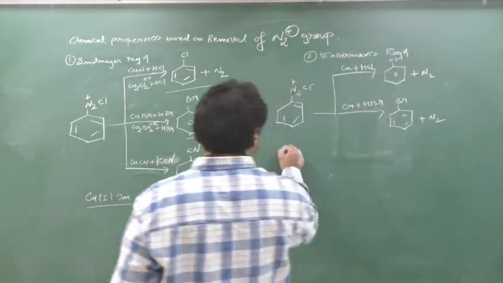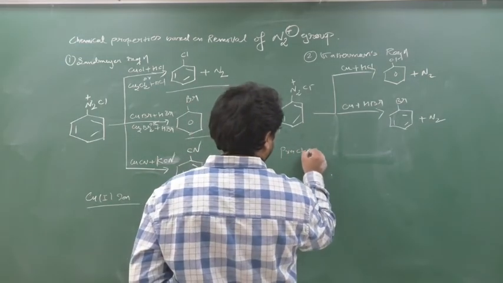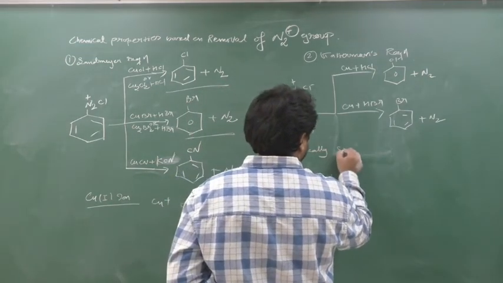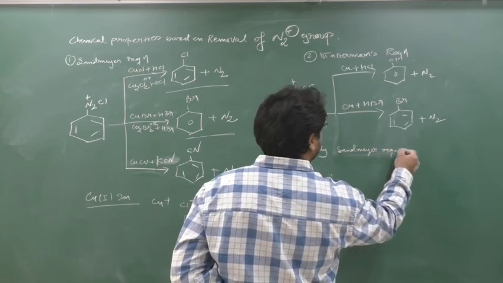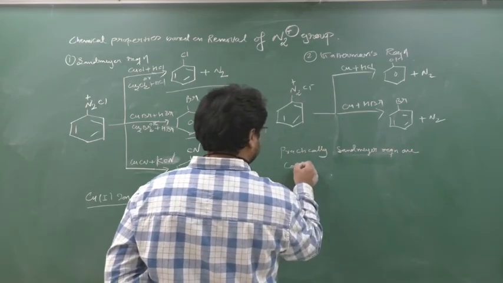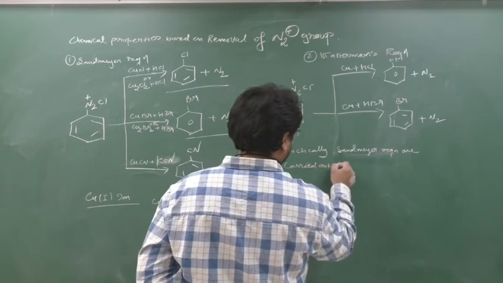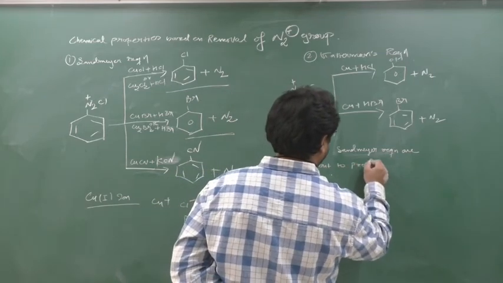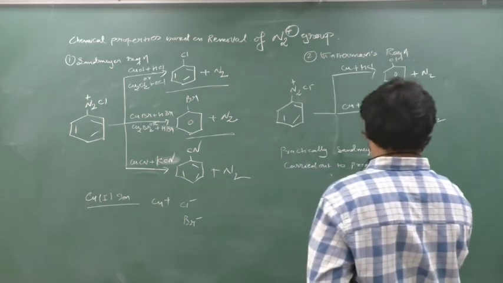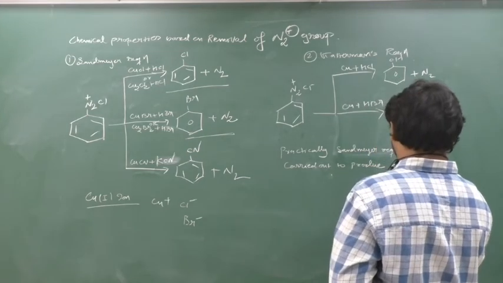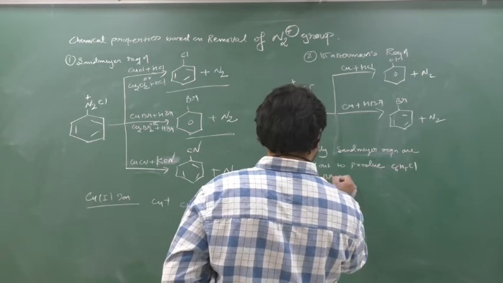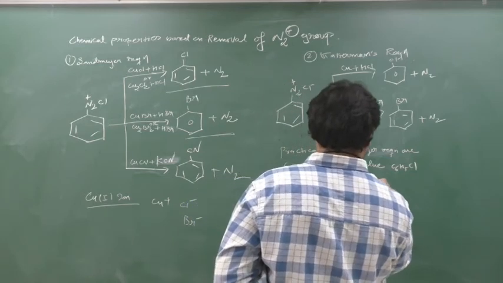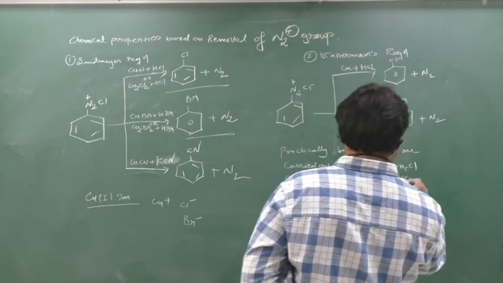So practically, Sandmeyer reactions are carried out to produce chlorobenzene and bromobenzene because it gives higher yield.